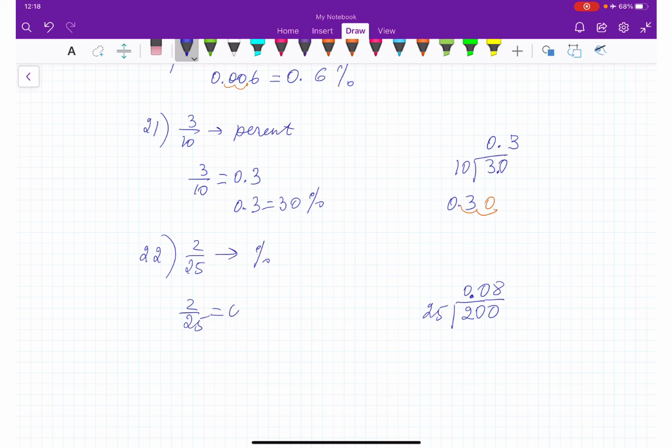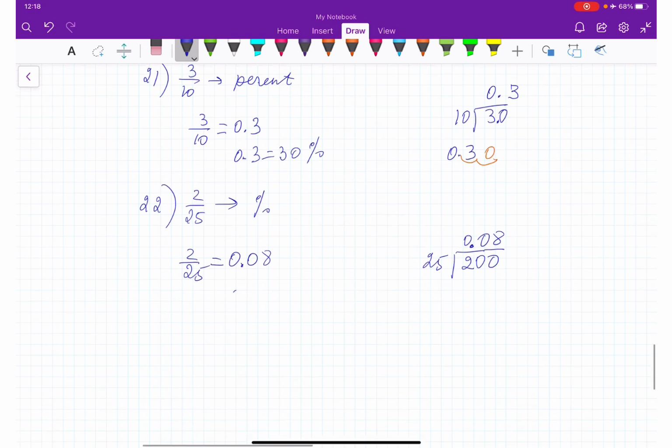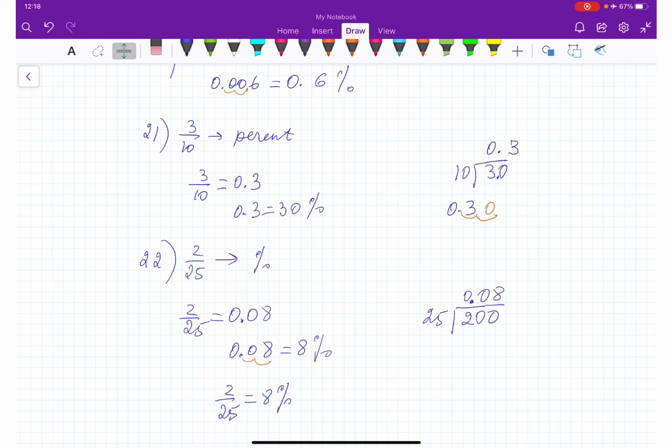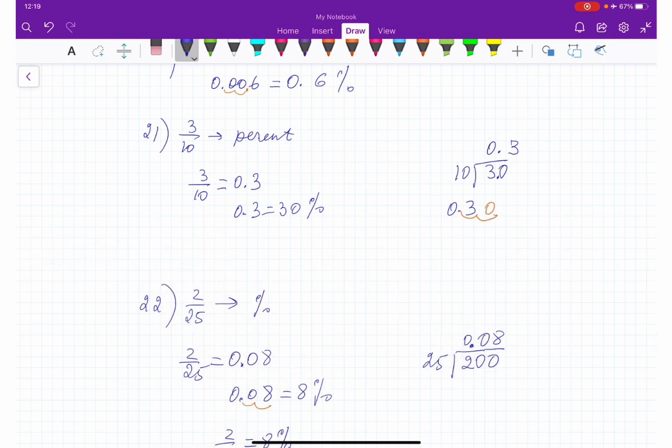So it's going to be 0.08. And then converting 0.08, if I move by two positions, I'm going to get 8%. Okay, so 2 over 25 is equal to 8%. Let me write down here also, so it would be clear. 3 over 10 is 30%.